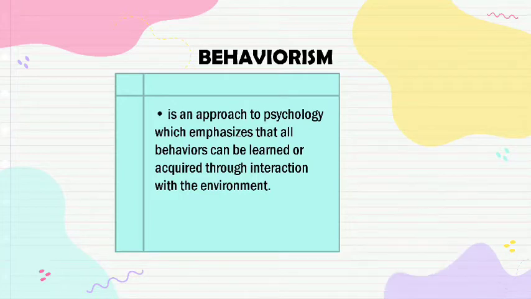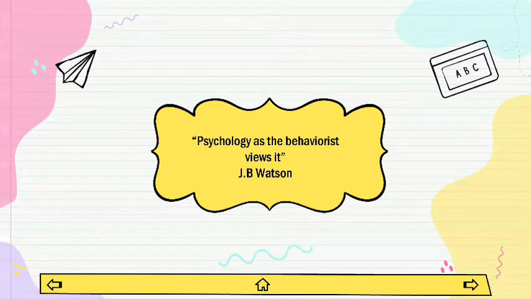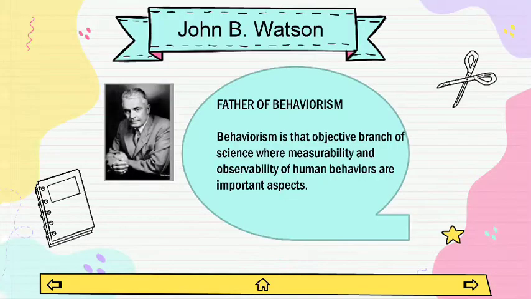environment. If we look back into the history of the behaviorist approach, there was an article, Psychology as the Behaviorist Views It. This article was written by the famous psychologist J.B. Watson, or John B. Watson, who is also considered the father of behaviorism.